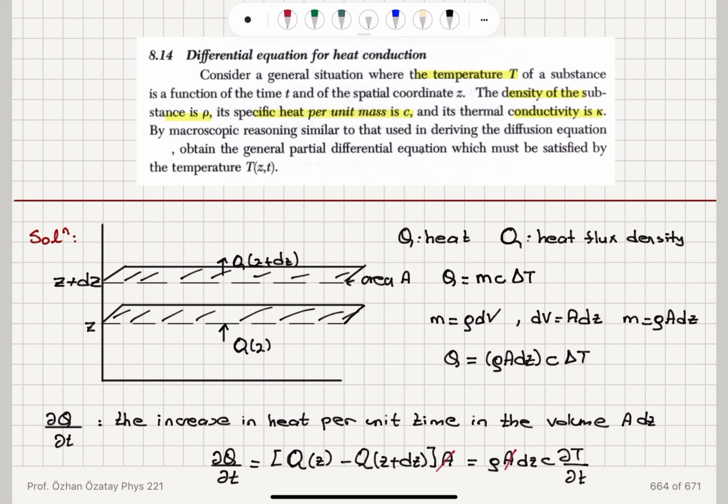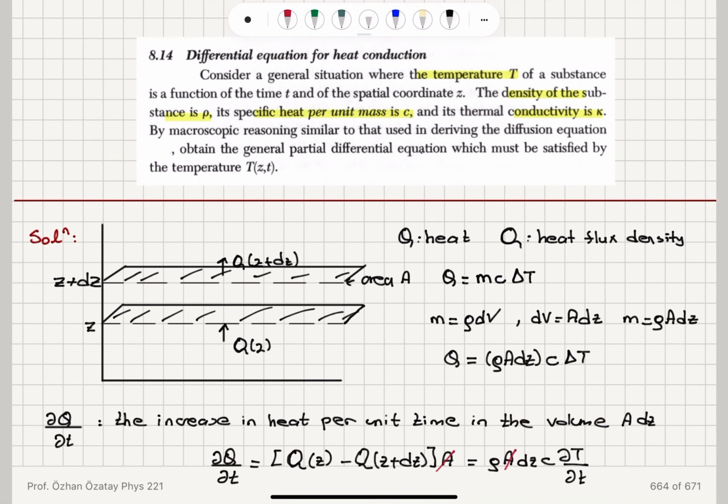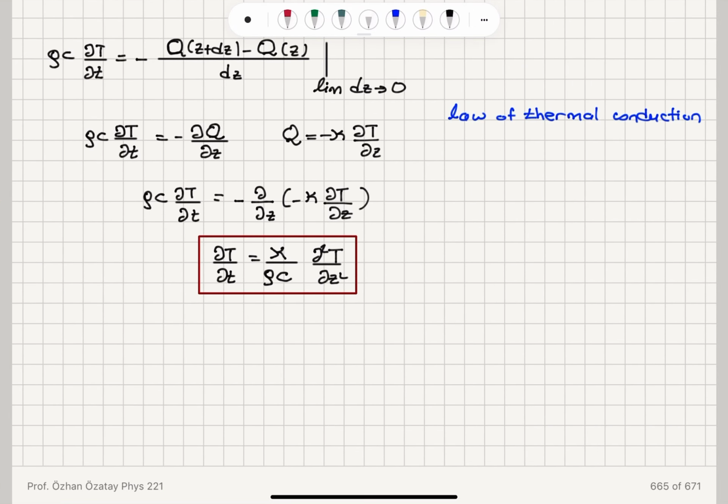If you look at ∂Q/∂t, the time derivative of the heat being transmitted, it is due to the time derivative of the temperature, ∂T/∂t. But what is the heat that is being transmitted through this region? It's the heat flux entering minus the heat flux leaving multiplied by the cross-sectional area A. And the A's will cancel, and if I take this dz to the left hand side with a minus sign here, I realize that if I change this order, I obtain the definition of the derivative, ∂(heat flux)/∂z.